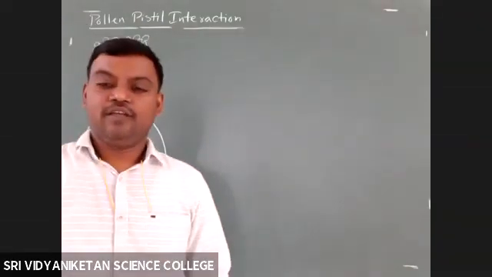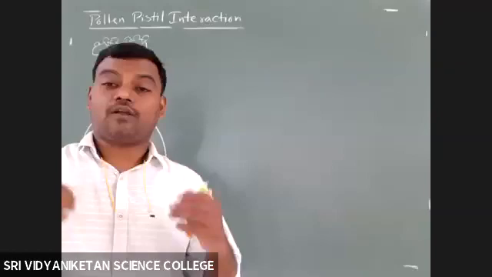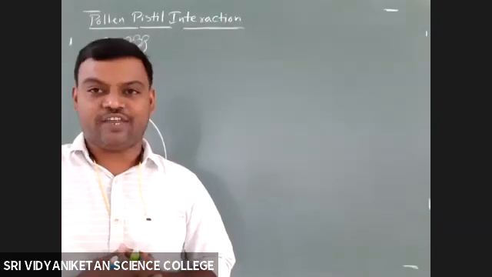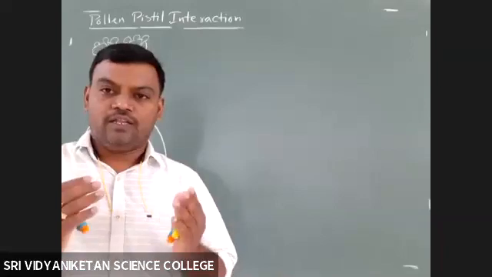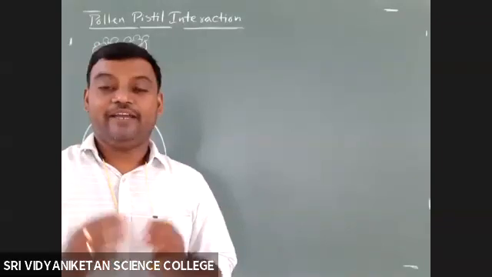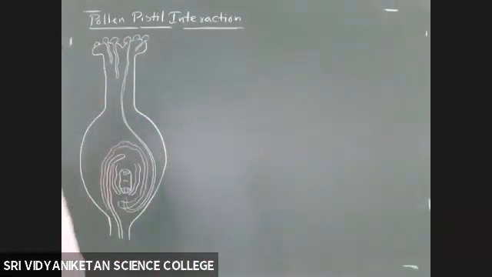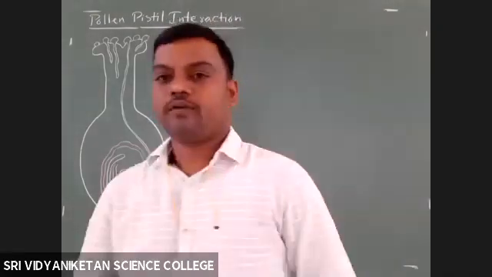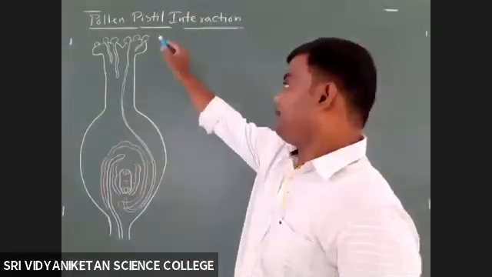Whenever pollen grains are transferred onto the stigma of the gynoecium, the pollen grains interact with the stigmatic surface, then enter into it by developing a pollen tube. So before that, there is an interaction between the pollen grain and pistil. Okay. So the topic is pollen pistil interaction.